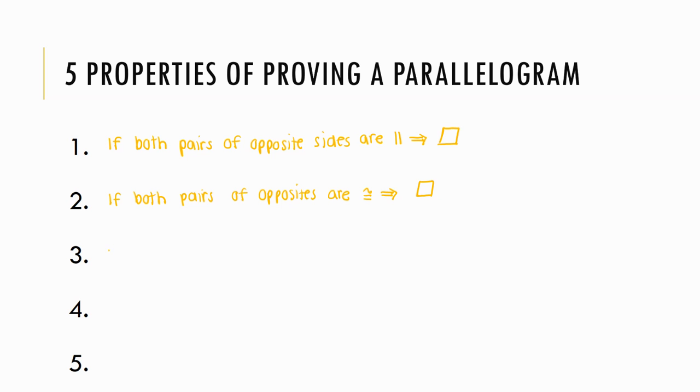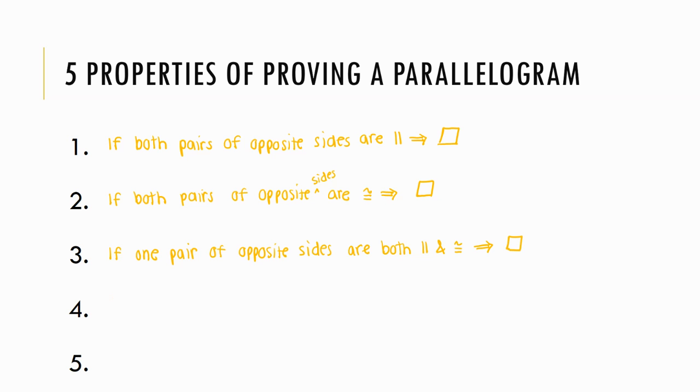Another way to prove that you have a parallelogram is if one pair of opposite sides, sorry, I should have said opposite sides, are both parallel and congruent. That's enough information to prove that we have a parallelogram.